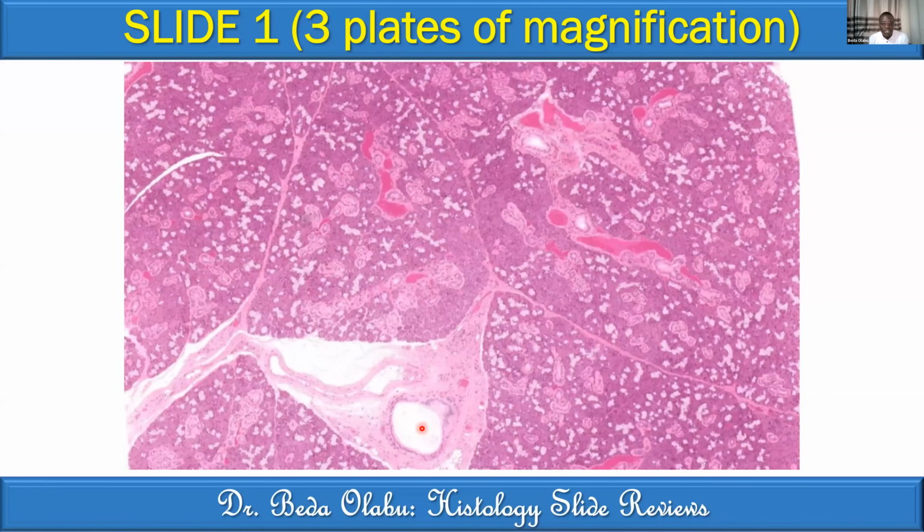And these ductal systems, as you can see, are within a core of stromal tissue. So there are ducts outside the lobules. We call those ducts extralobular ducts.